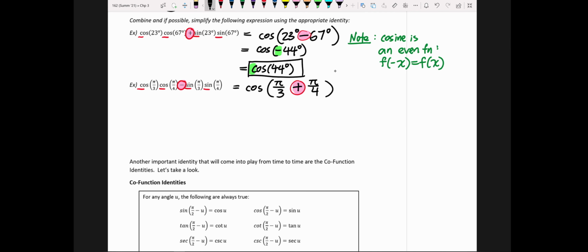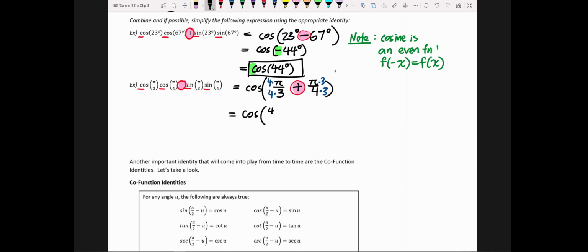Okay. Next, when we're working with radians, we should get a common denominator. So common denominator here is going to be, let's see, 12. So the first fraction will multiply top and bottom by 4. Second fraction multiply top and bottom by 3.